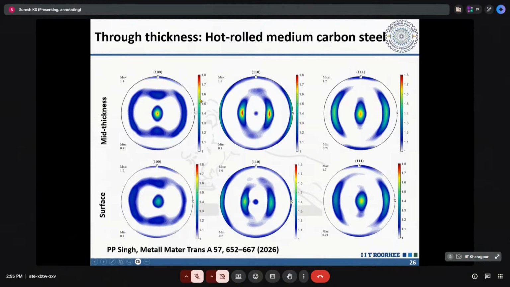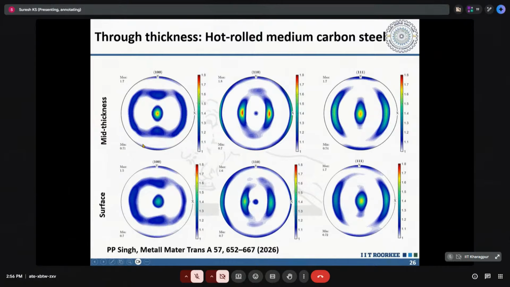Again, you have these iso intensity contours, which are represented from white to the dark red color having here the 1.8. Now at the mid thickness region, you can see that this high intensity corresponding to 1.8 is there, but it is not there at the surface.